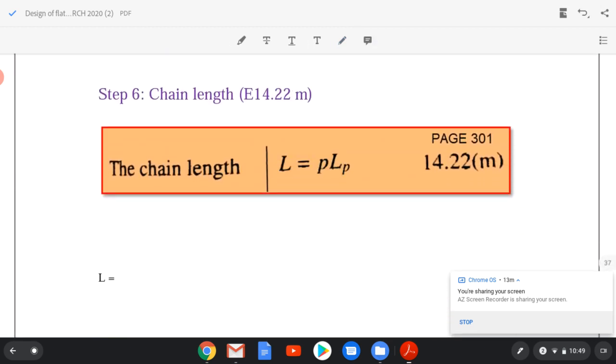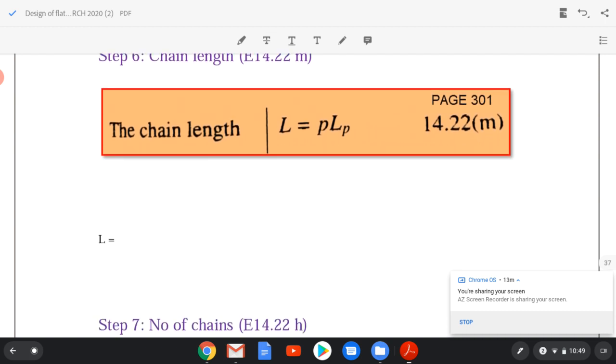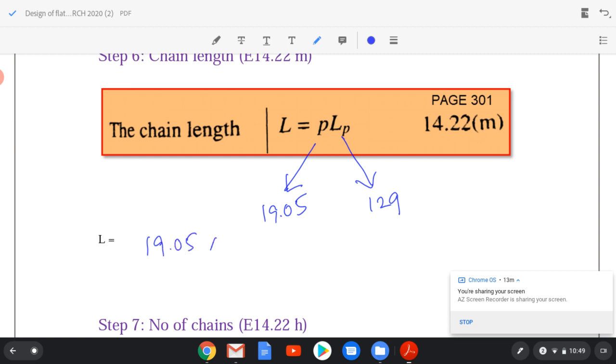So chain length will be equal to pitch length into Lp. So actual chain length, with P equal to 19.05 and we have 129 pitch length, L will be equal to 19.05 into 129, which comes around 2457 mm.